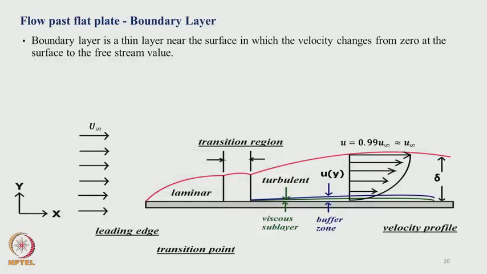Then the third problem is flow past a flat plate, and that forms a boundary layer. In this problem, the incoming flow is a uniform velocity, and what is shown here is a plate representing a flat plate, so the flow starts from the leading edge. Initially it is laminar, then there is a transition, then it is turbulent.